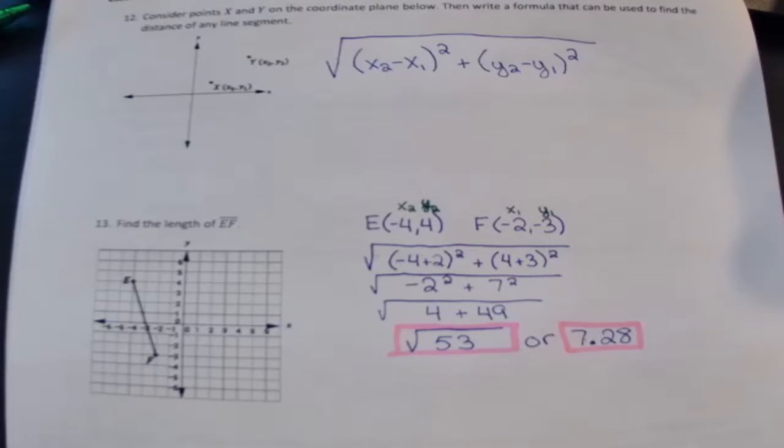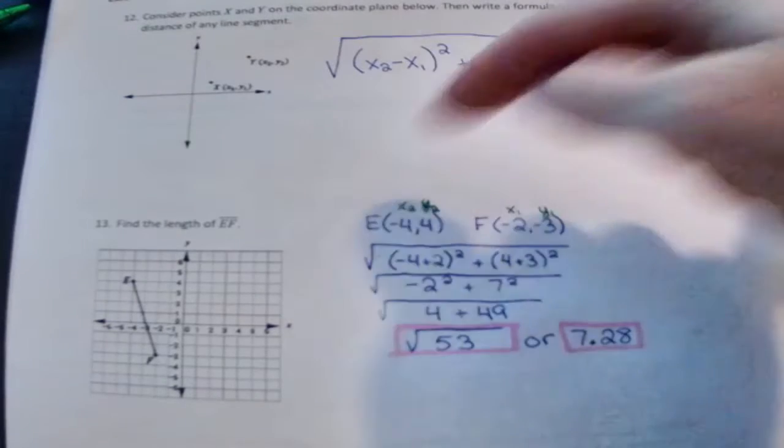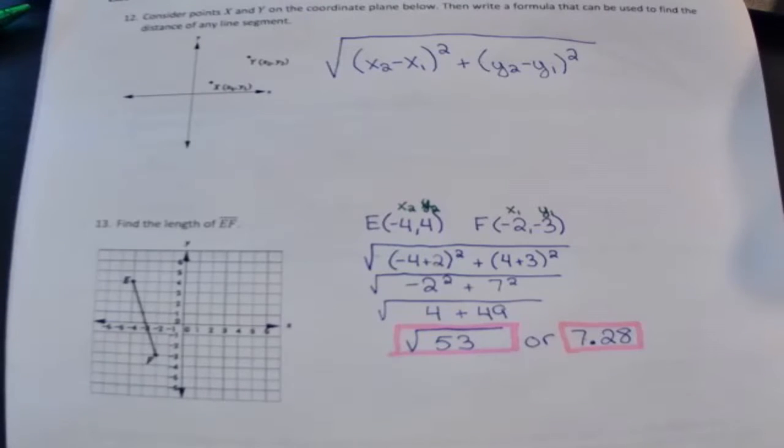Now, for distance, it does not matter. I could have had it flipped the other way, and I still would have got the exact same answer. So when I do this, I got negative 4 plus 2.